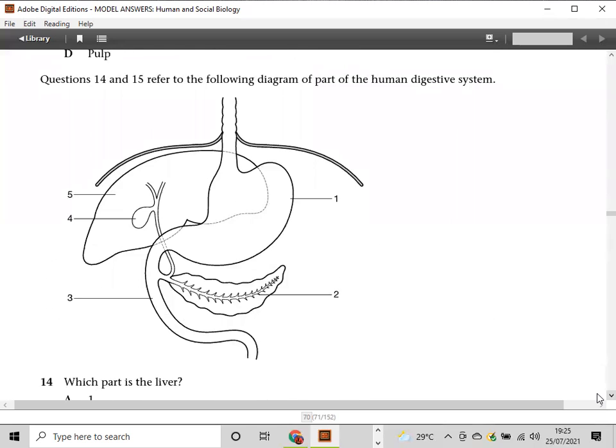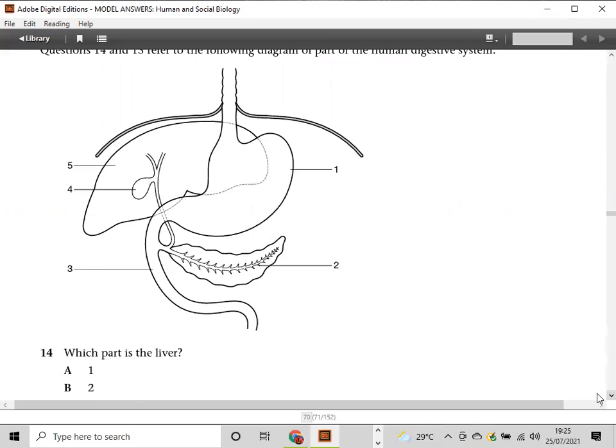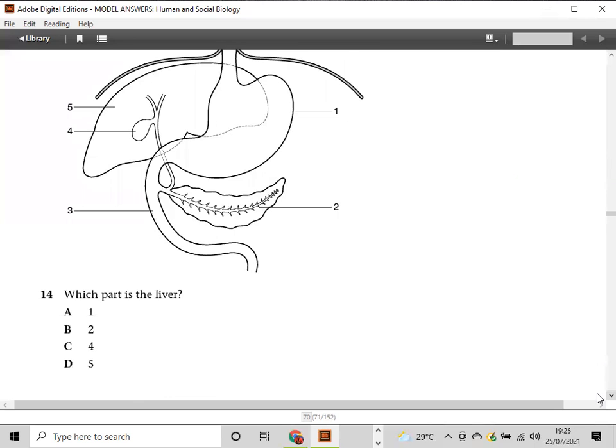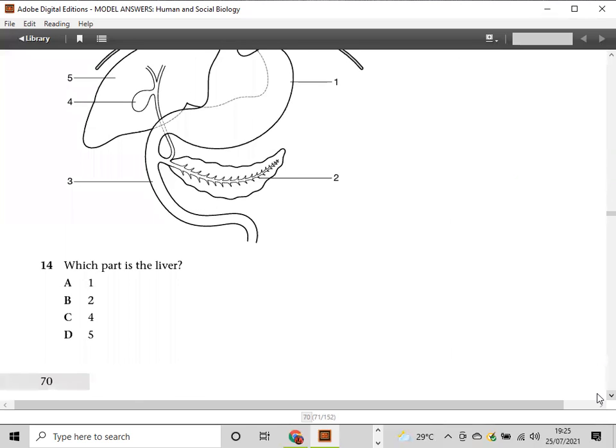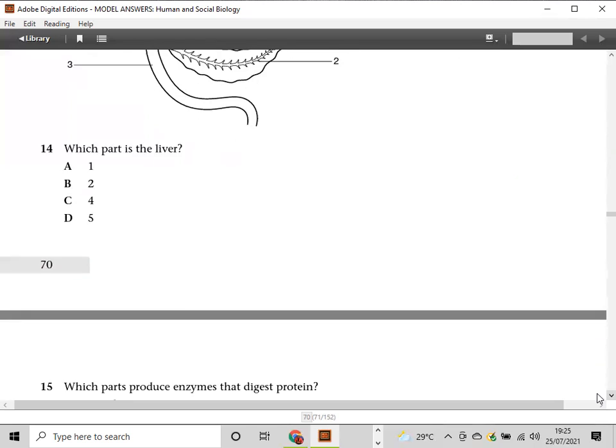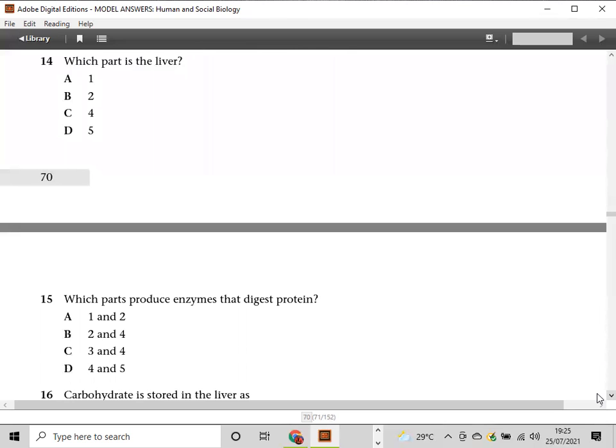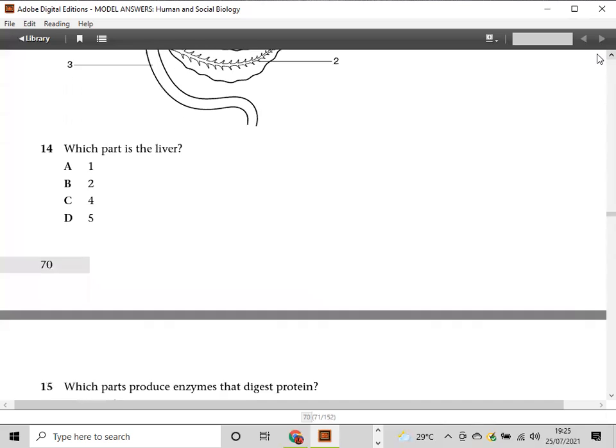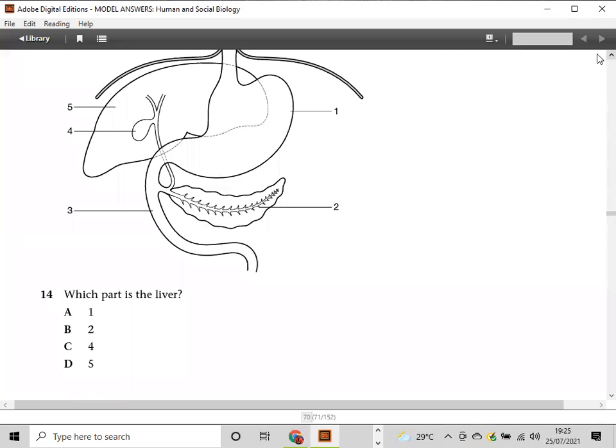Protein according to the diagram. Which part is the liver? Alright, on to the next question. Which part produces enzyme that digests protein? So we go up to the diagram. Which two digest protein? Come on, let's go. Push yourself. This is the exam tomorrow.